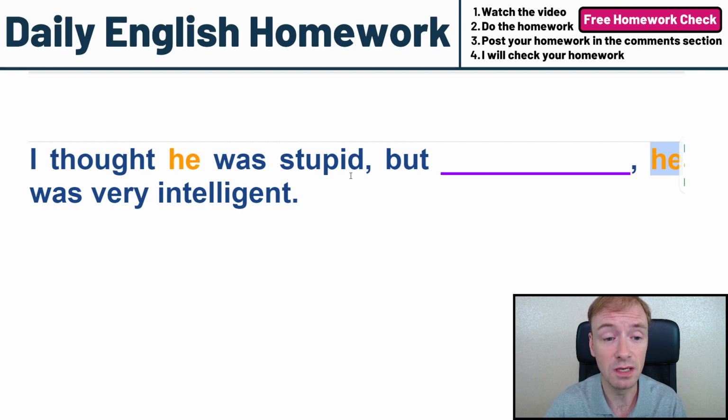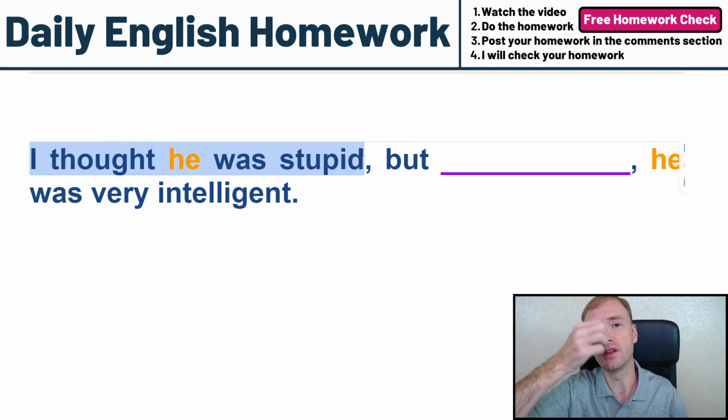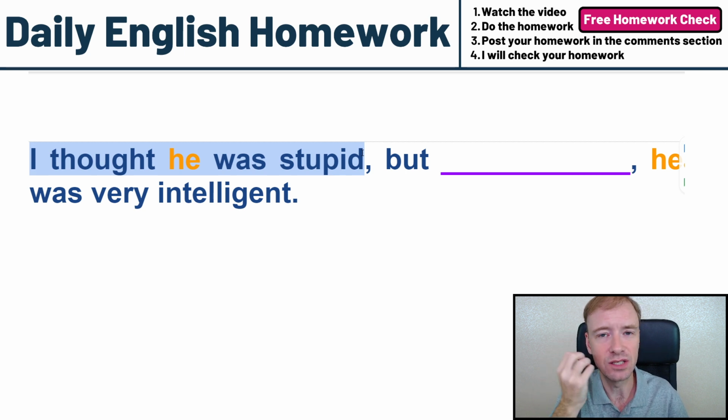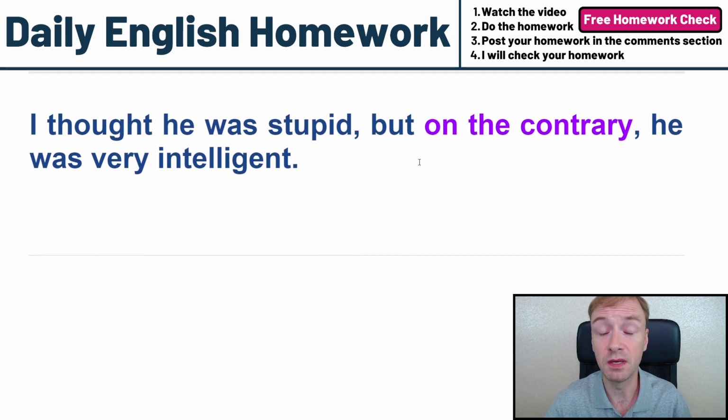And the idea is he was stupid, but actually the truth is he's very intelligent. That's the truth. So yeah, I thought he was stupid, but on the contrary, he was very intelligent. The opposite is true. On the contrary, he is very intelligent.